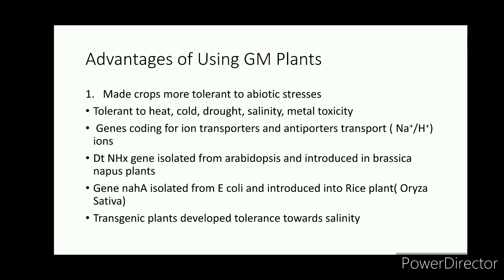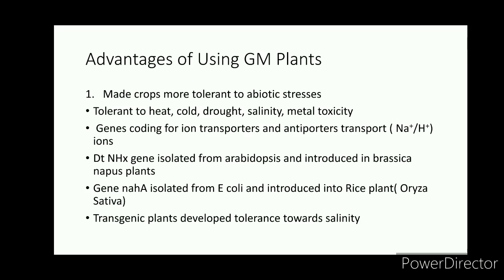And some plants growing near the seashores in the salinity region, those plants are adapted to these regions, so they can grow in those regions. But other plants which are growing in the normal condition cannot grow in these abiotic stresses or in these extreme conditions such as heat, cold, saline regions. Those plants cannot survive.